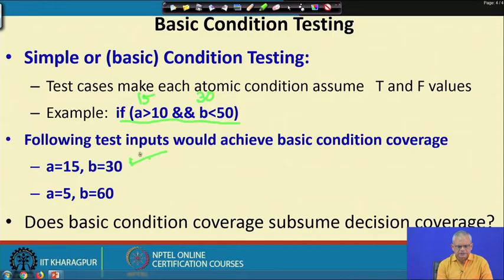So, let us choose a is equal to 5, 5 is less than 10 and therefore this is false, and let us say b is 60, 60 is greater than 50 and therefore the second sub expression is also false. So, these two test cases will achieve the simple condition testing or the basic condition testing, where each sub expression is made into true and false values.